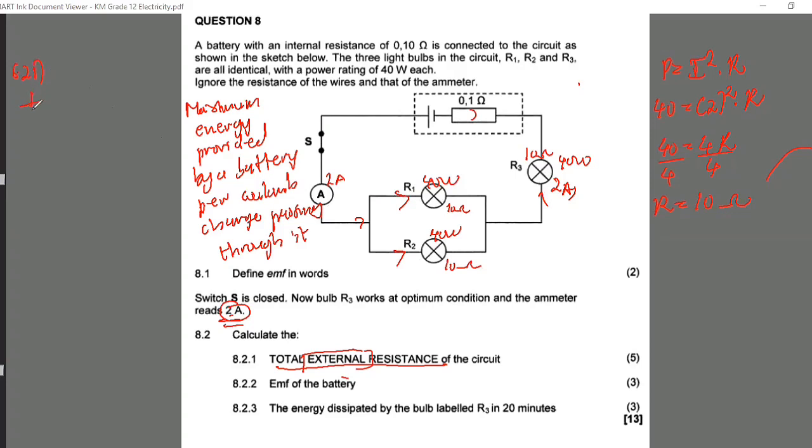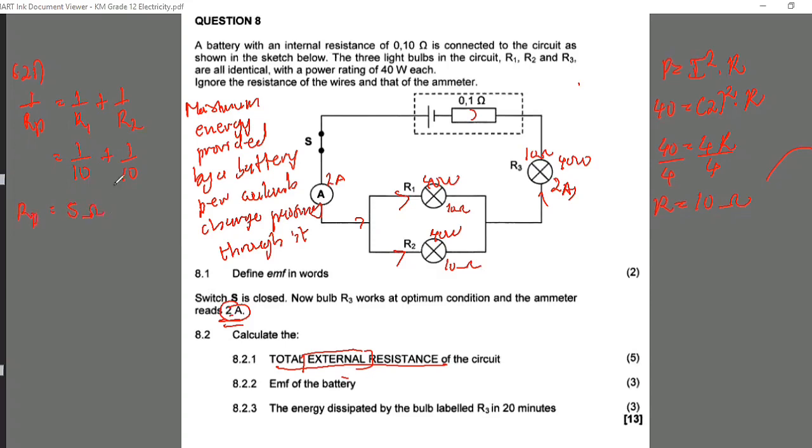Let's start with the ones that are connected in parallel. Then it's 1 over 10 plus 1 over 10. Let's just fast forward to the RP. This will give us 5 ohms.